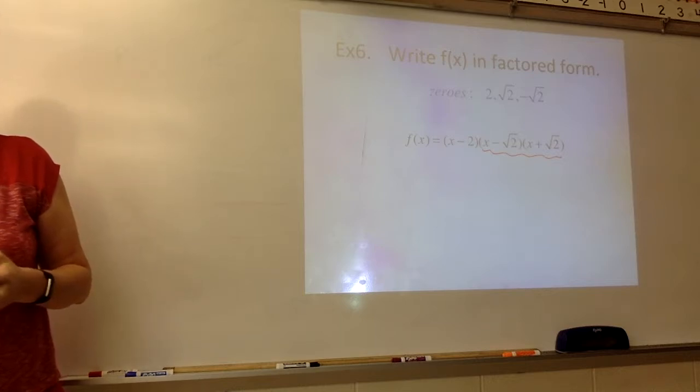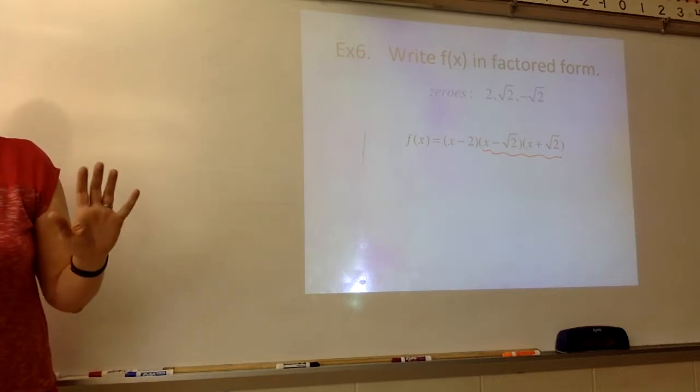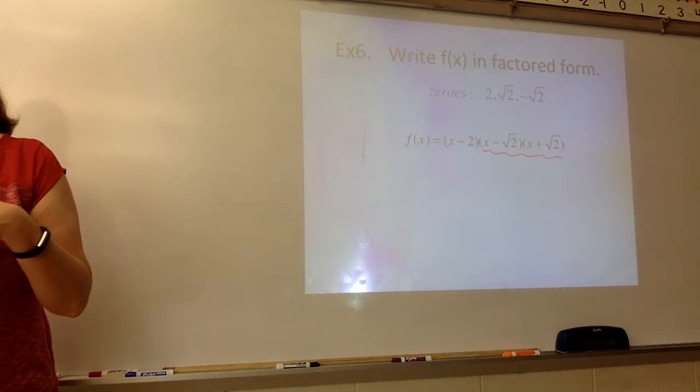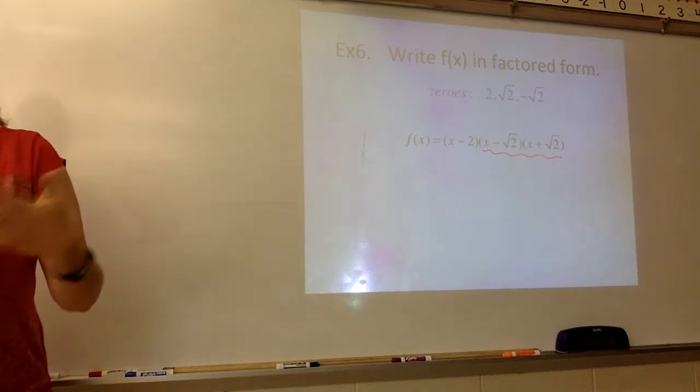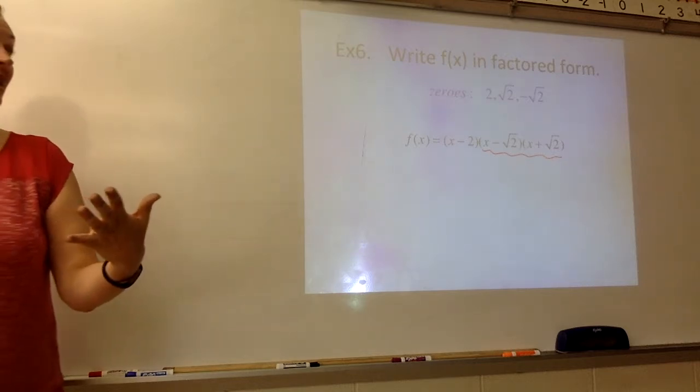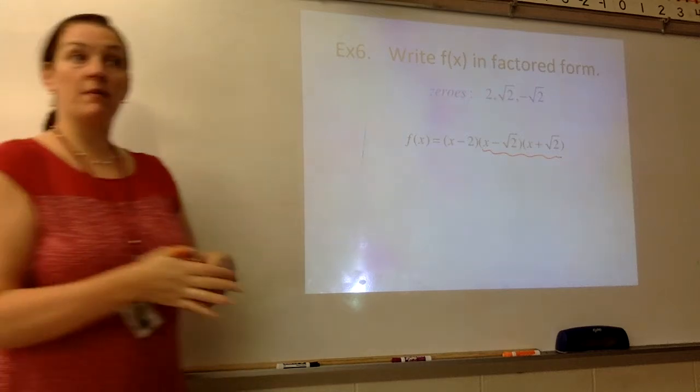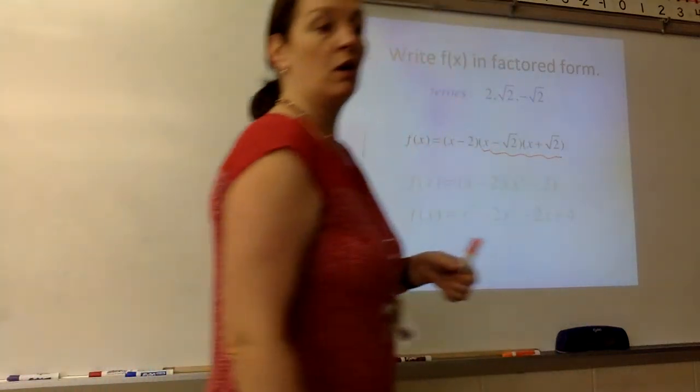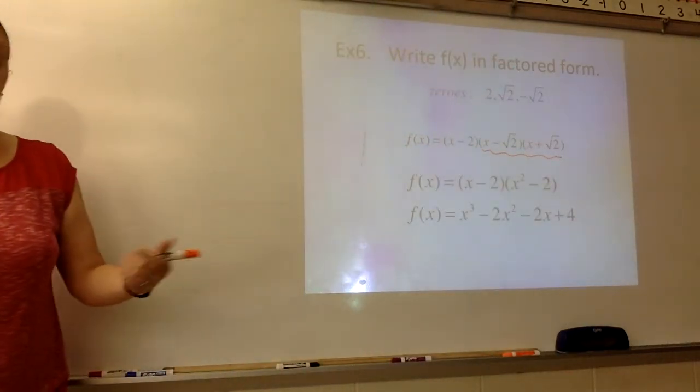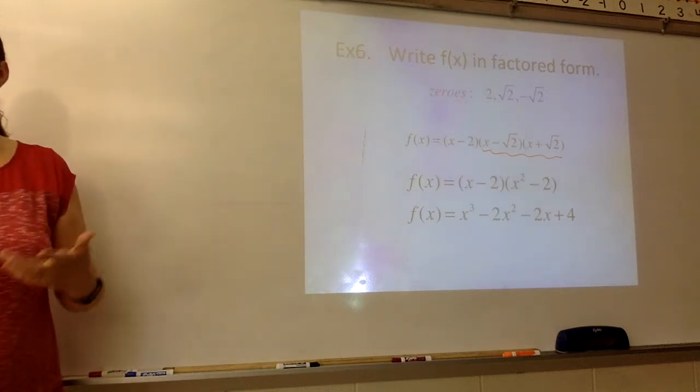It looks weird because it's roots, but isn't it a difference of squares? x plus a number, x minus a number. So if I FOILed that out, wouldn't I just come up with x squared minus 2? Which I could then multiply times x minus 2 and come up with my final answer.